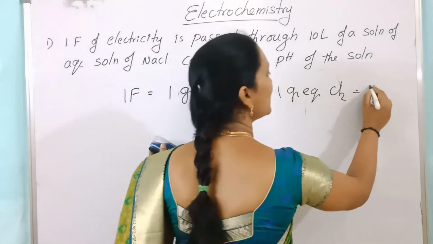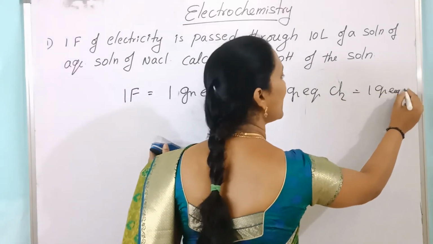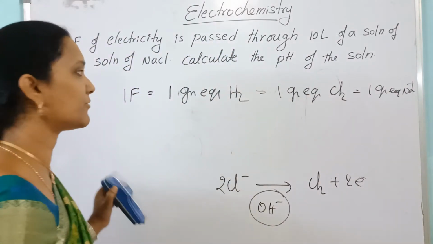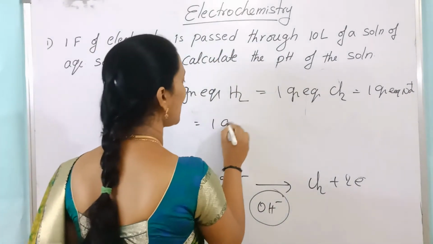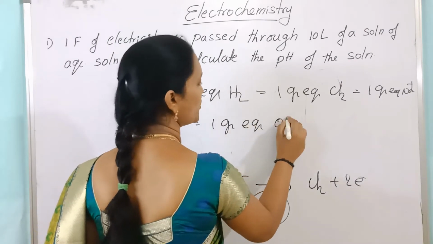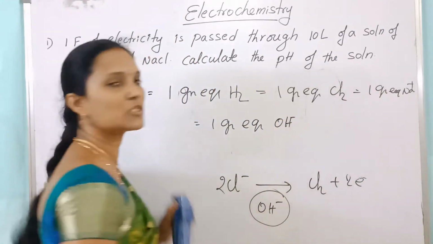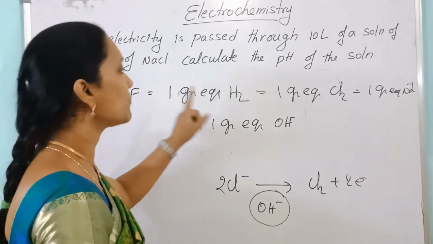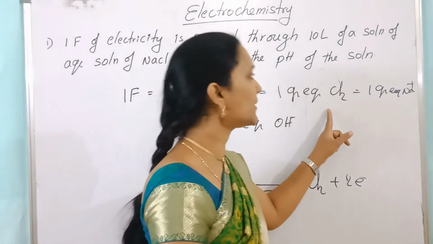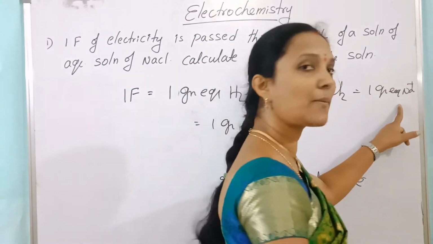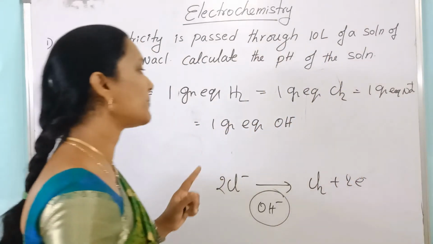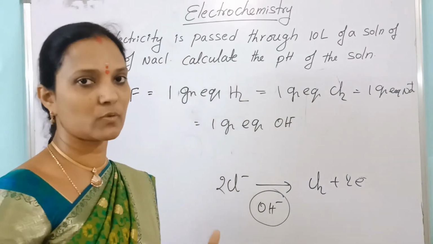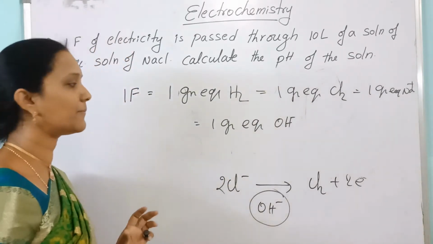And it gives 1 gram equivalent of Na plus ions, and 1 gram equivalent of OH minus. These two combined change to 1 gram equivalent of NaOH. So 1 Faraday passed gives 1 gram equivalent of H2, 1 gram equivalent of Cl2, 1 gram equivalent of Na plus, 1 gram equivalent of OH minus. 1 Faraday always deposits or liberates 1 gram equivalent of a substance.